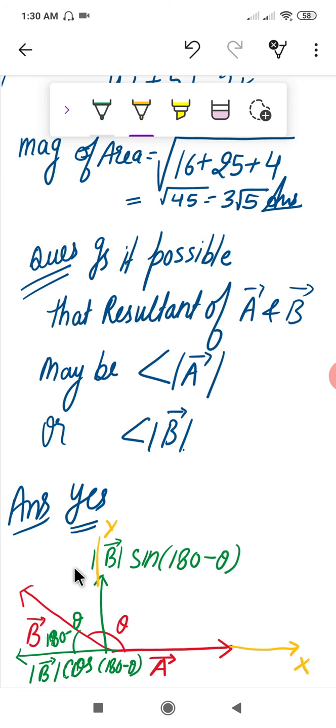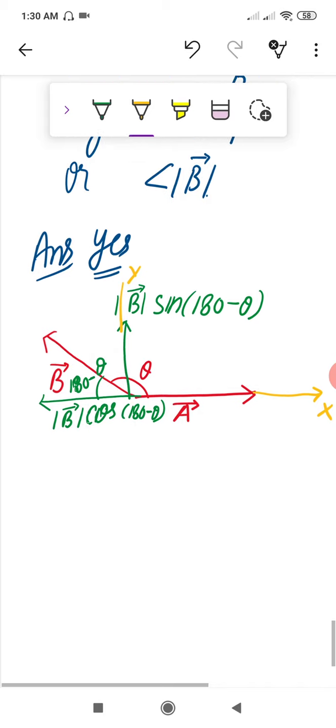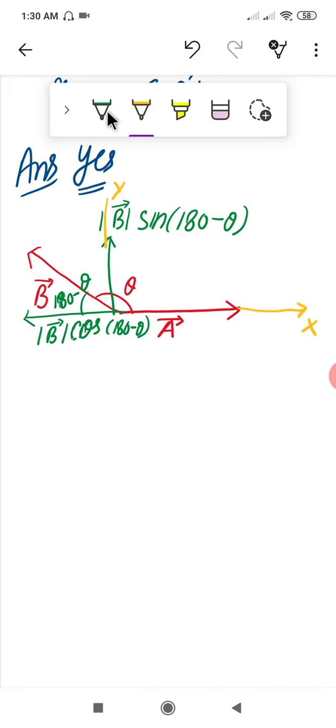Clear? Now the way you are instructed, you have to write the x component, or you can say the resultant in x direction.